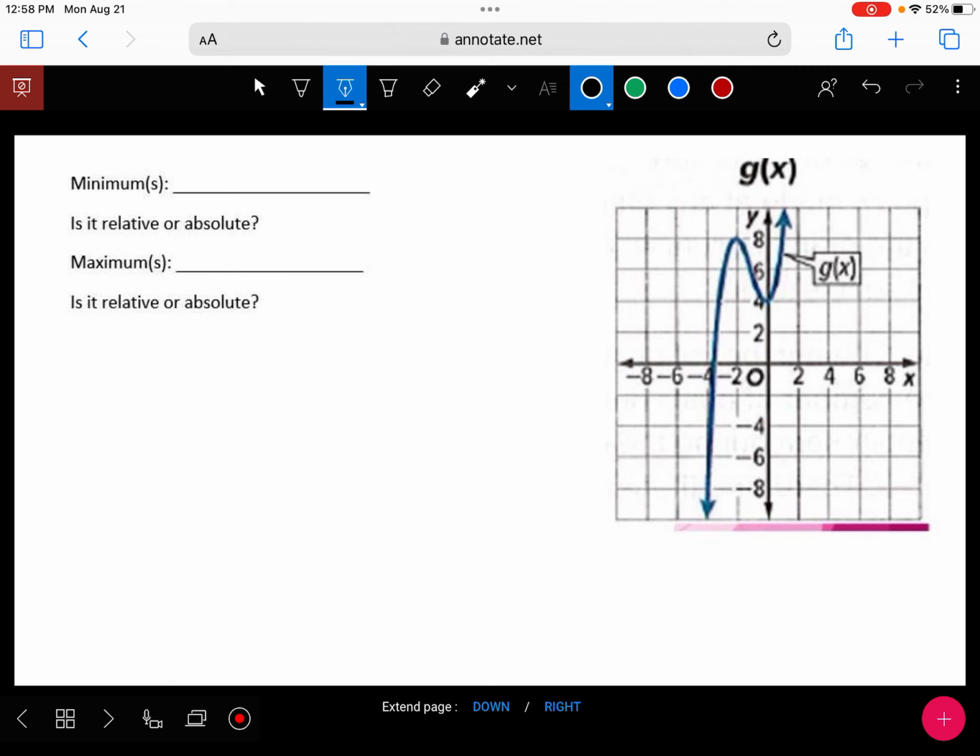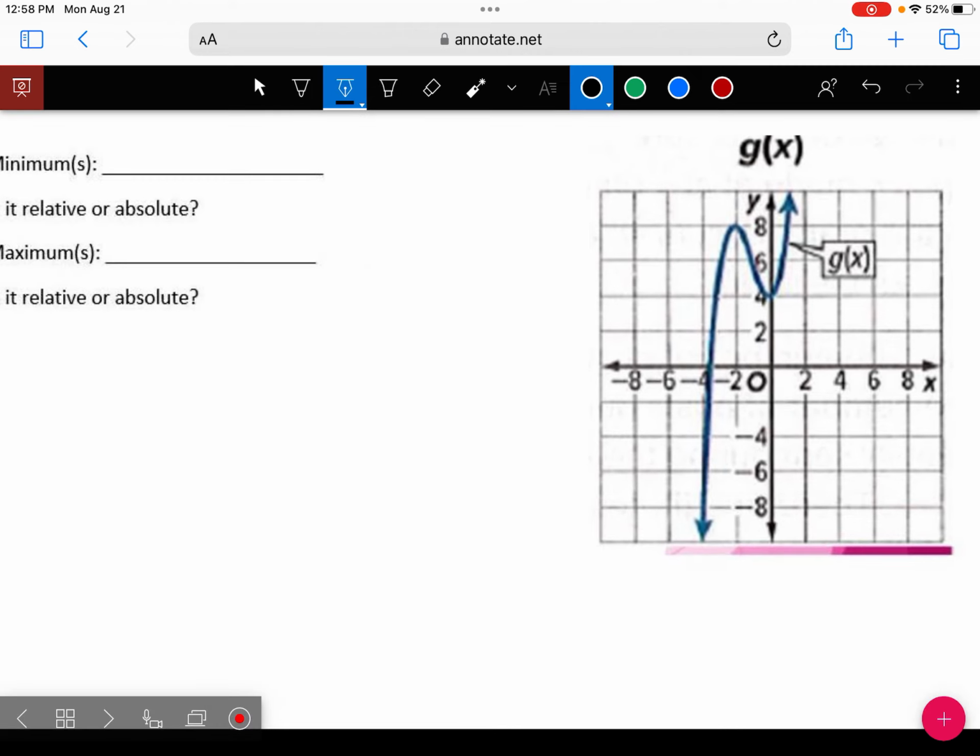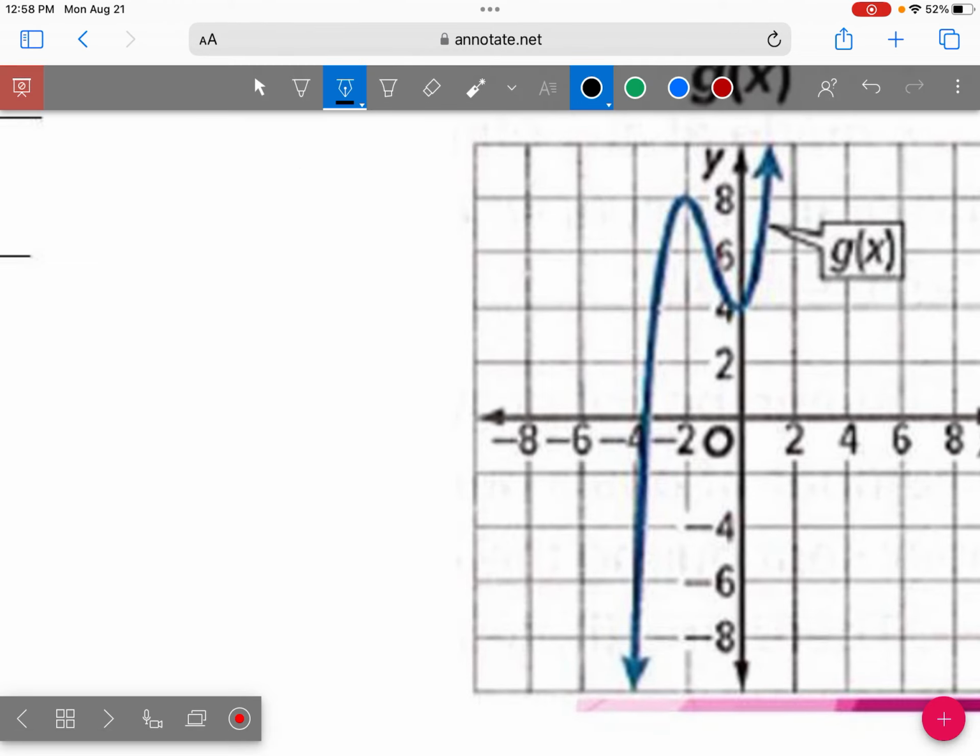So the first thing I'm noticing right out the gate is that one side goes up. We have an arrow that points up, and I have an arrow that points down.